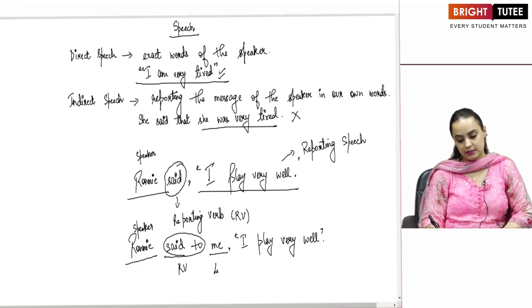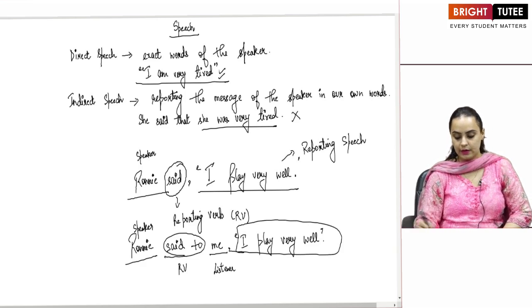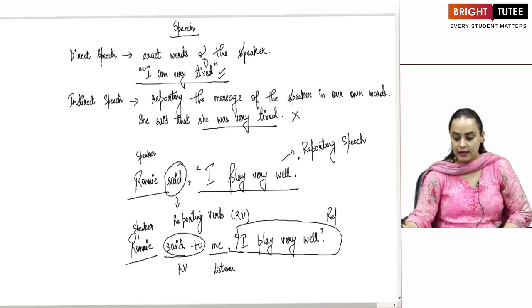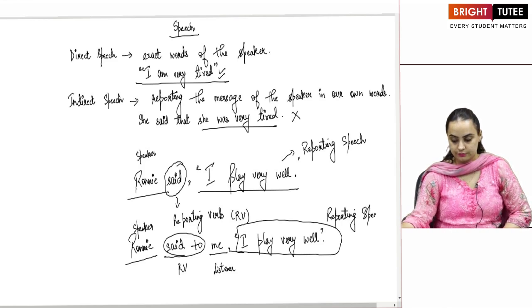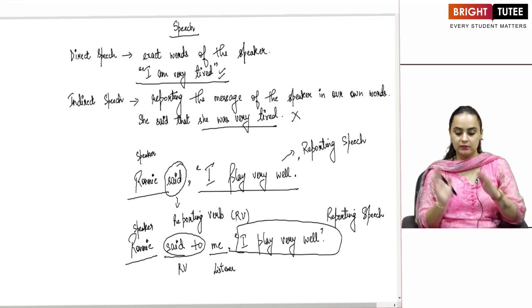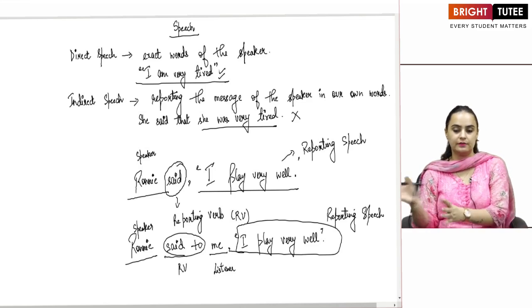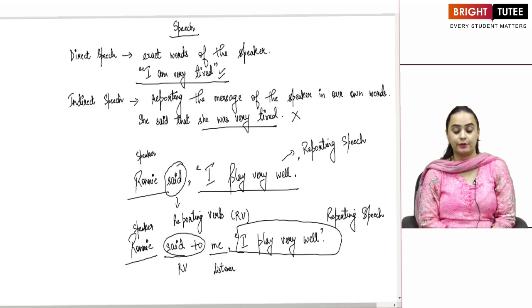Me is the listener. And I play very well, like I told you, whatever is there in the inverted commas is my reporting speech. So a sentence is divided into parts in such a manner.